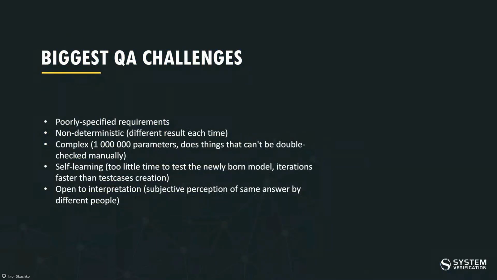And let's look at the QA challenges that we've got regarding AI-based systems. First, of course, are the poorly specified requirements. That could lead either to developing the wrong type of system than we actually intended, or to a very challenging QA process. Of course, one of the challenges for the testers is the system being non-deterministic.